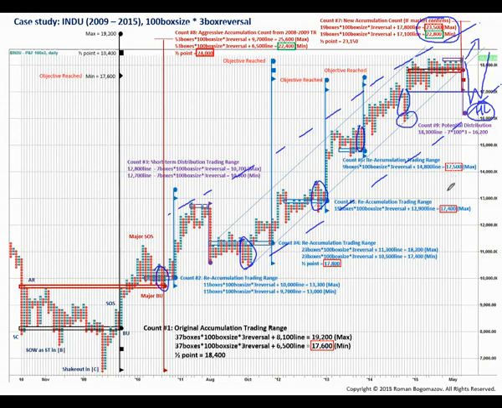Okay. Also, I like this scenario from the structural perspective, because if we're going to create this new higher low right here, it could be of the same magnitude as the low in 2011, or somewhat close, and that will expand our trend channel.